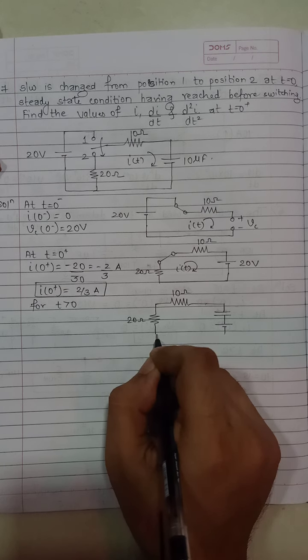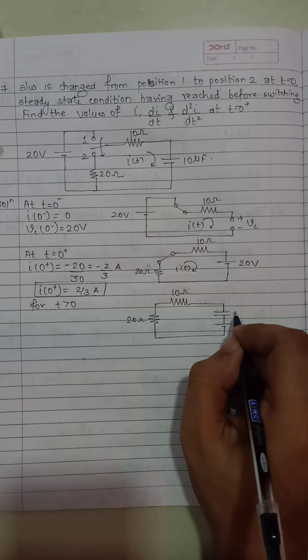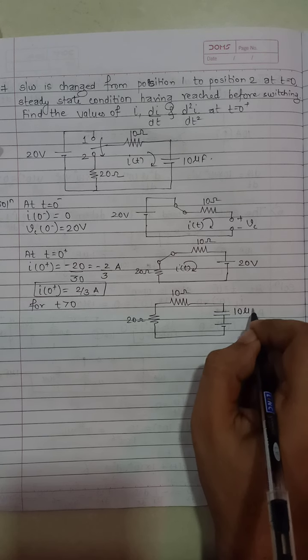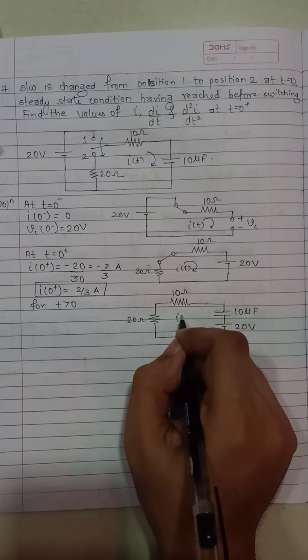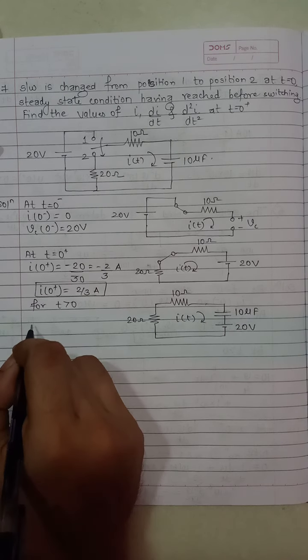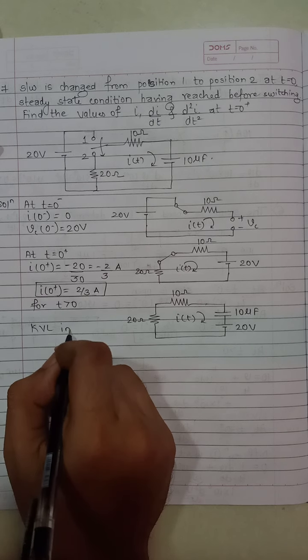Now a voltage source will come in series with the capacitor. Initially we used to draw only the capacitor. Now the voltage source of 20 volt will come in series with the capacitor. Now I'll apply KVL in the mesh.